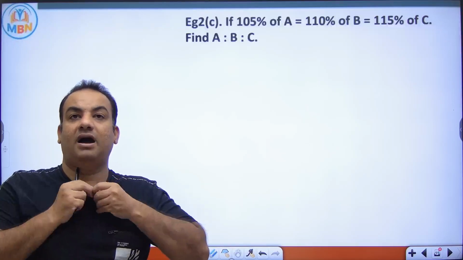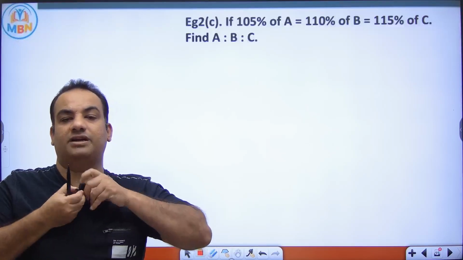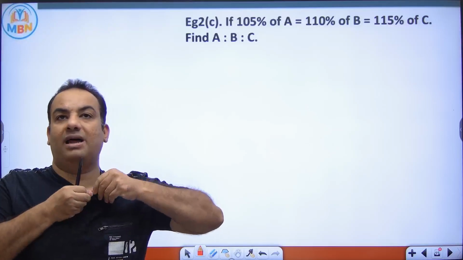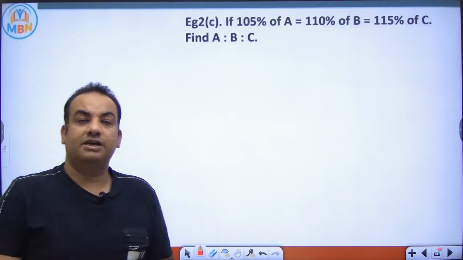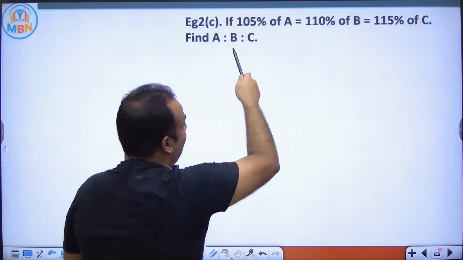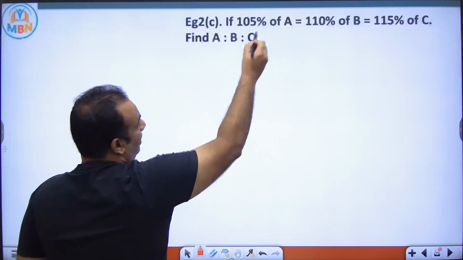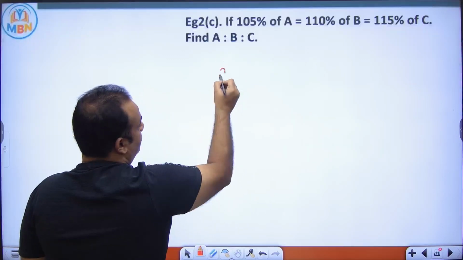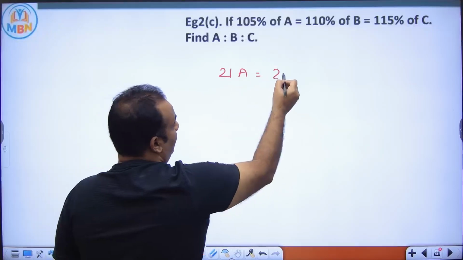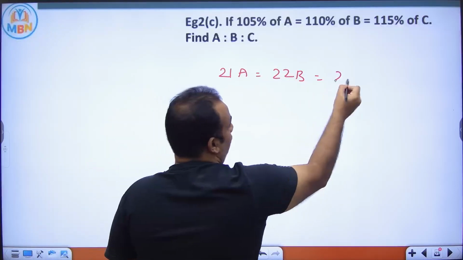Now see how to do these kinds of questions. Whenever you get 105% of A is equal to 110% of B is equal to 115% of C, if something can be cancelled out, please cancel it. All numbers are cancelled by 5. So I am cancelling 5 and the percentage. So 21A is equal to 22B is equal to 23C.